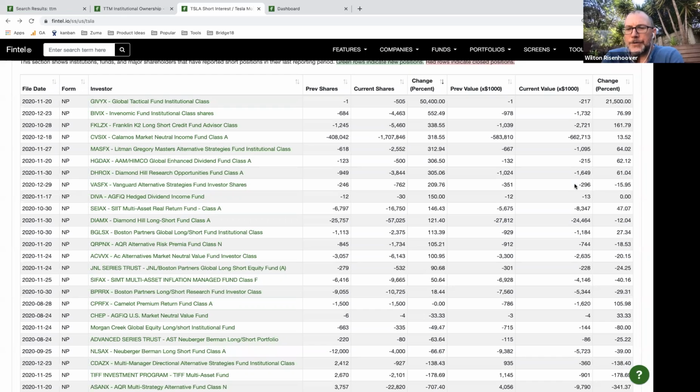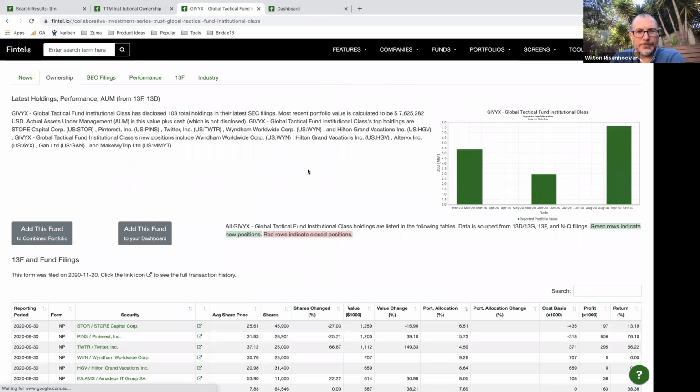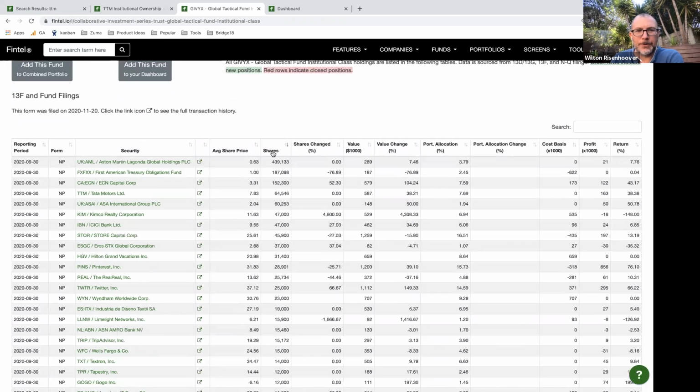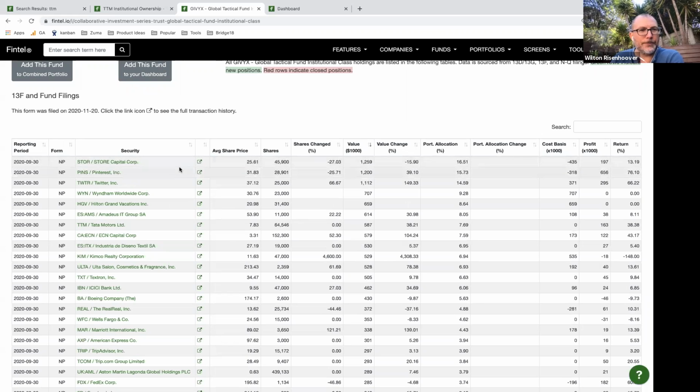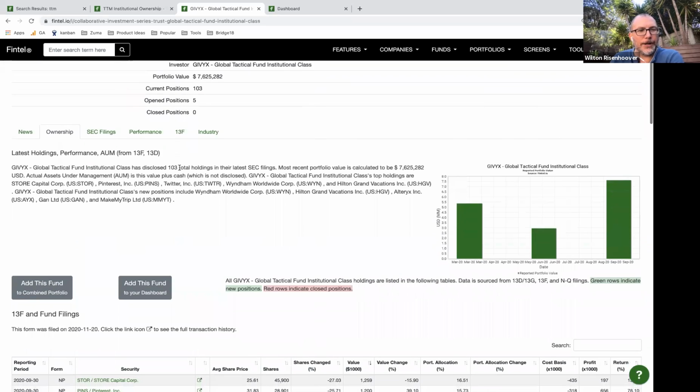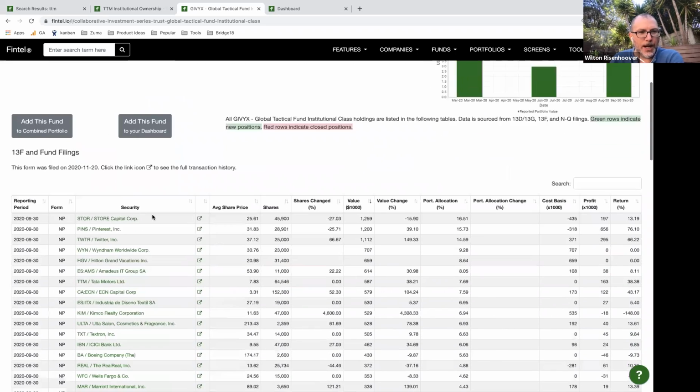As for how to find the concentration of these funds' portfolios into specific stocks, you can see the concentration just by looking at the fund itself. Let me see if I'm answering your question correctly. I'm just going to click on this fund, this investor, and I can sort the companies by shares or by dollar value, which is probably a better approach. I can show you that the highest dollar value of this GIVYX mutual fund is in Stoller Capital Corp right here.